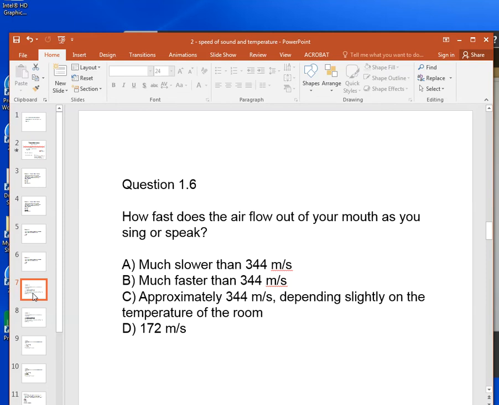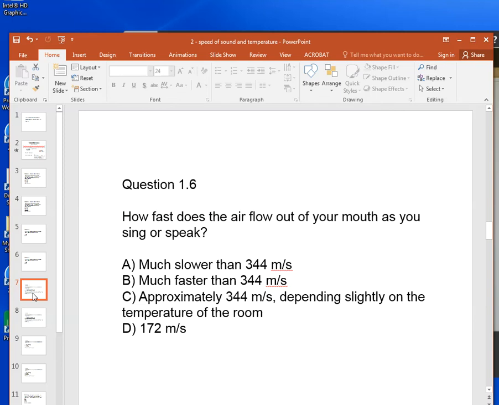You might think, well, if you blow at a candle, you might notice that you blow and there's a little delay. That might be some indication to you that maybe the airflow is slower.